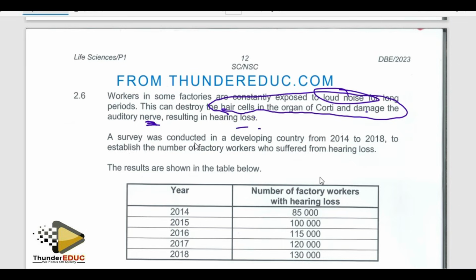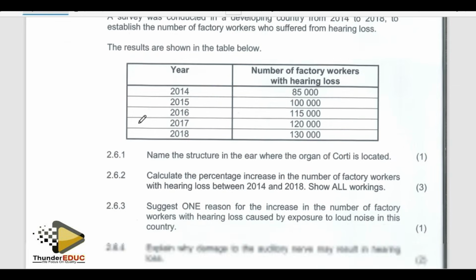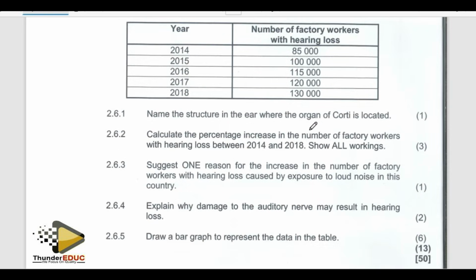A survey was conducted in developing countries from 2014 to 2018 to establish the number of factory workers who suffer from this hearing loss. Results are shown in the table below.